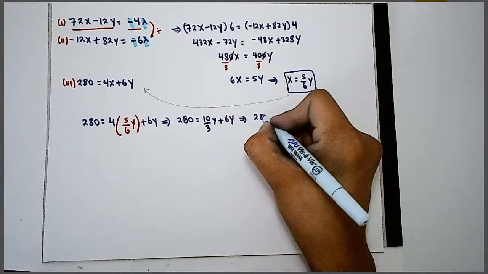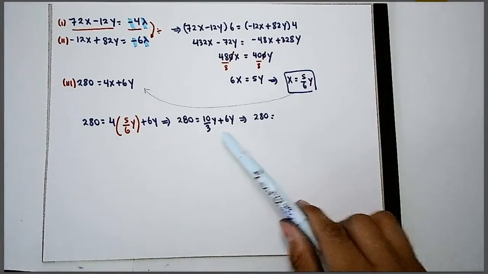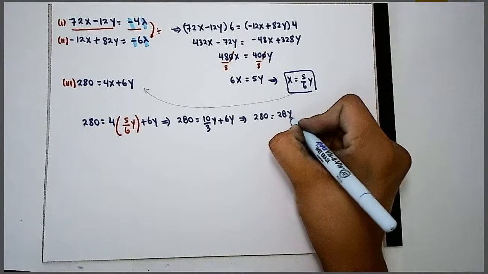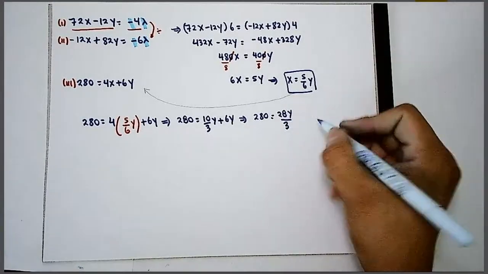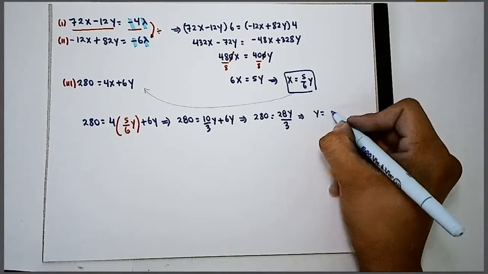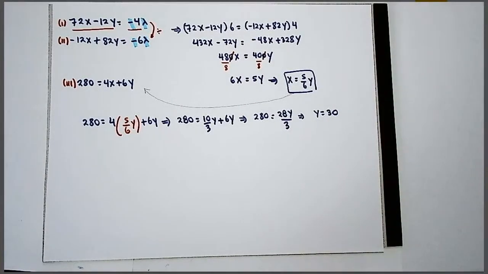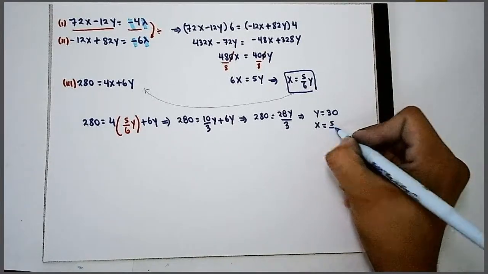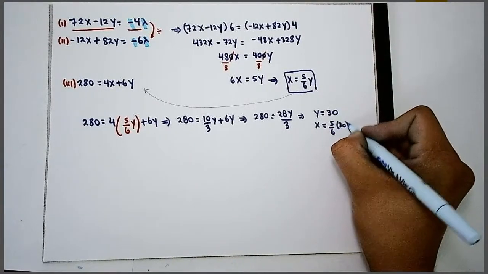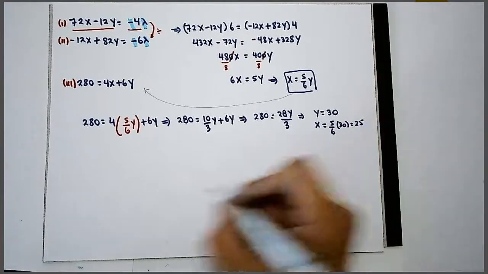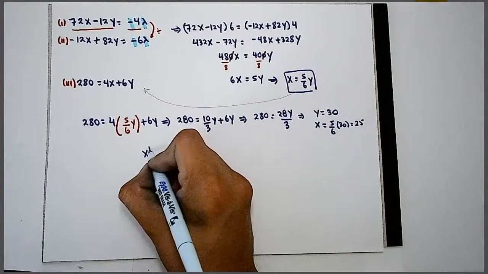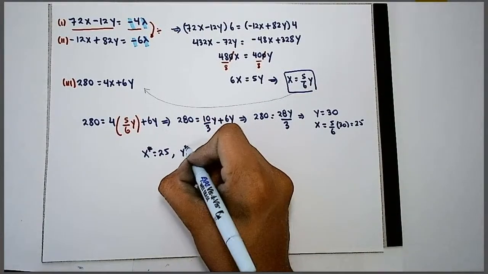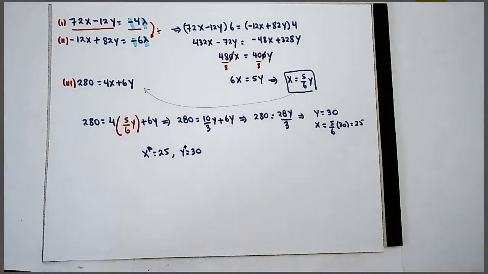And then this is 280 equals, this is 18 divided by 3, so this is 28y divided by 3, which means that y is equal to 30. And x then will be 5 over 6 times 30. This is going to be equal to 25. In other words, x is 25 and y is equal to 30.